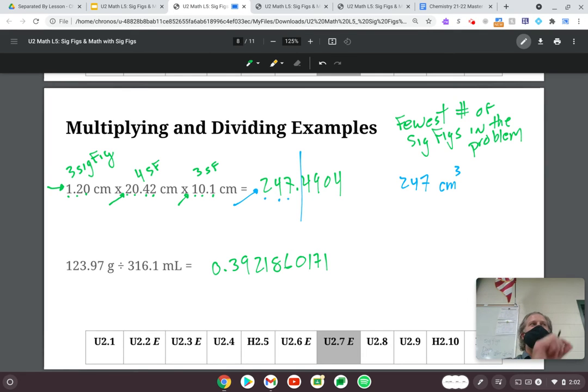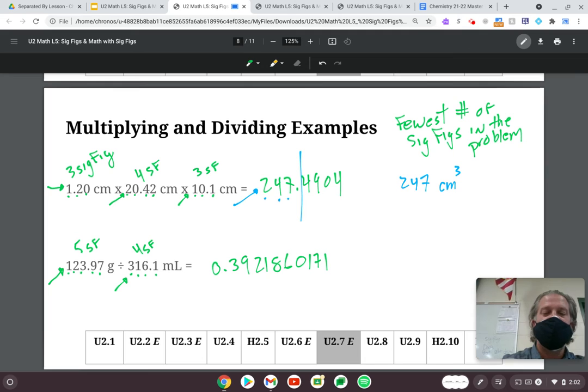Well, we have to look at the numbers in the problem and determine the number of significant figures given. So 123.97, there's a decimal. I draw an arrow and I count 1, 2, 3, 4, 5. There are 5 sig figs. 316.1, draw an arrow. I count 1, 2, 3, 4. 4 sig figs. So my answer has to have 4 sig figs.